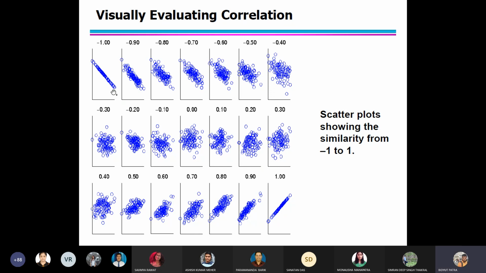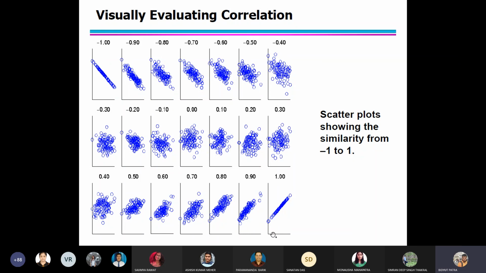What we see is that the value of x is increasing, but the value of y is decreasing. Let me explain here.